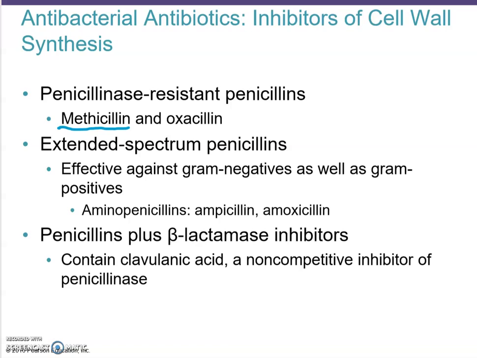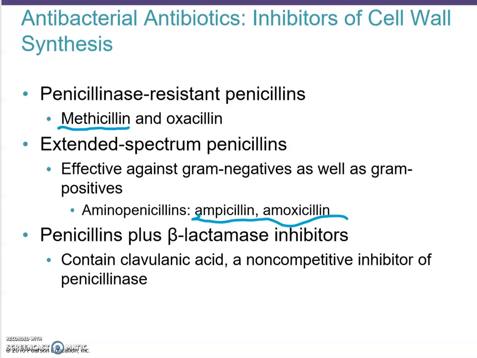Extended spectrum penicillins, they are then working against a broader spectrum of bacteria. There we have ampicillin, amoxicillin. Those are very popular antibiotics, have been widely overused. They come in bubblegum flavor, and it's basically as soon as your kid has an ear infection, they will give you a prescription for this. It's probably changed by now because the resistance is such a big problem.